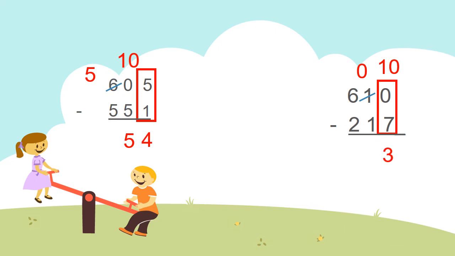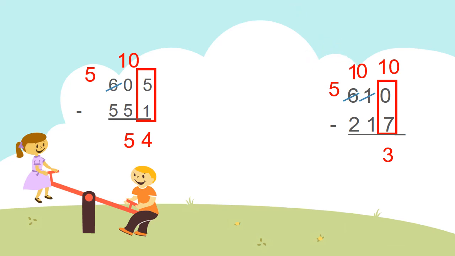Now, here the tens became 0, and I want to take 1. Can I do that? No. What shall I do? I will go to the hundreds and take 1 from it. The 100 will be 5, and then I am going to do what with this one that I took? Change it to 10.